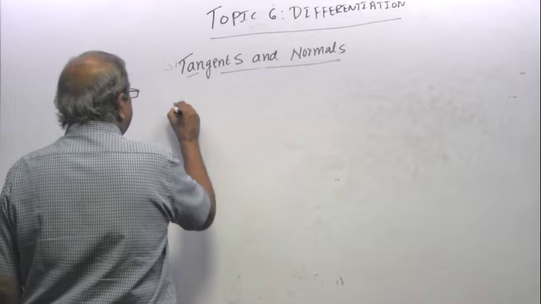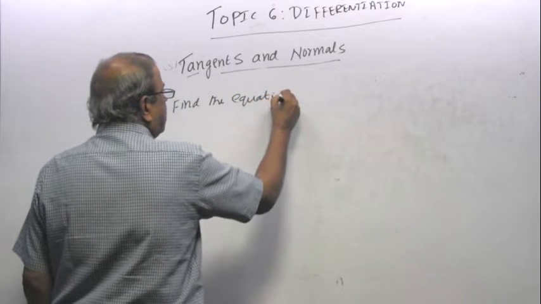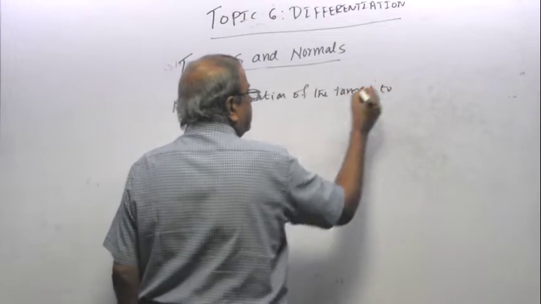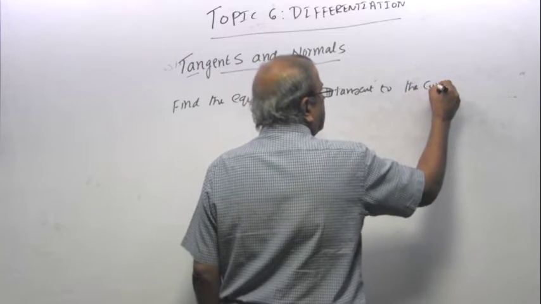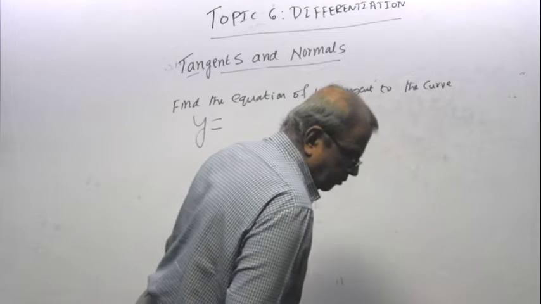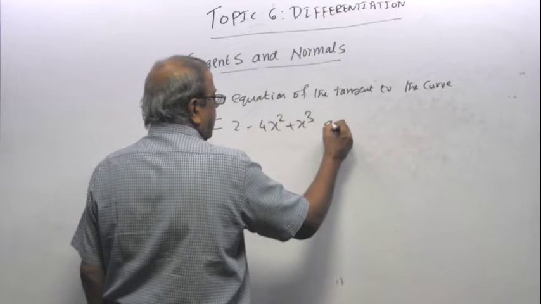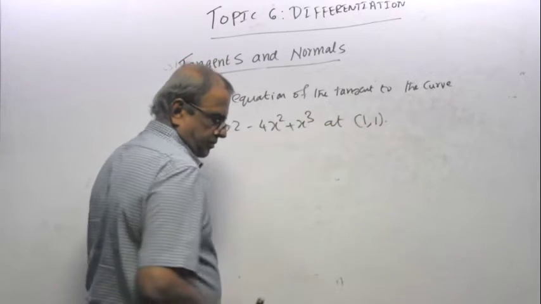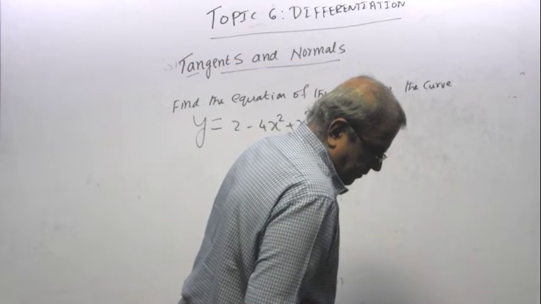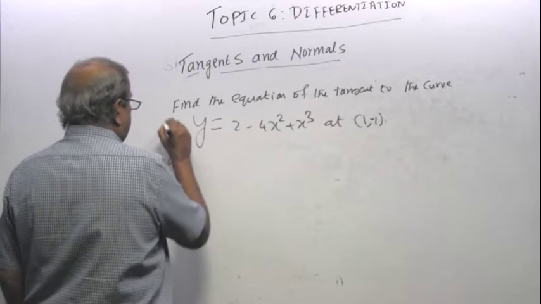For example, find the equation of the tangent to the curve y equal to 2 minus 4x squared plus x cube at (1, -1). That's now part A.